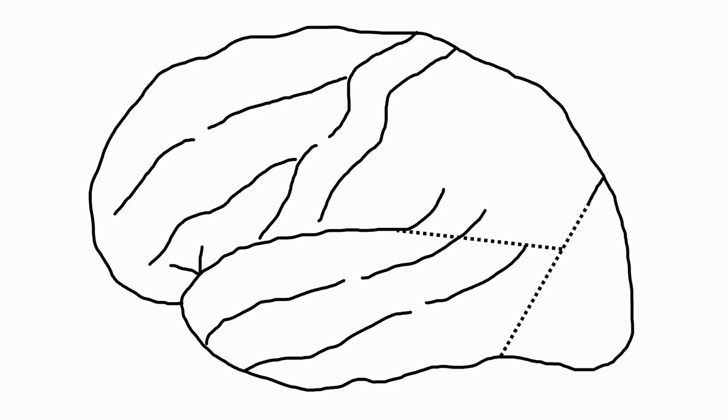The upper one and the lower one are correspondingly termed the superior and inferior temporal sulci. By these sulci, the temporal lobe is divided into superior, middle, and inferior temporal gyri.